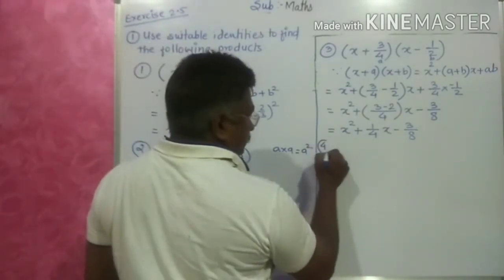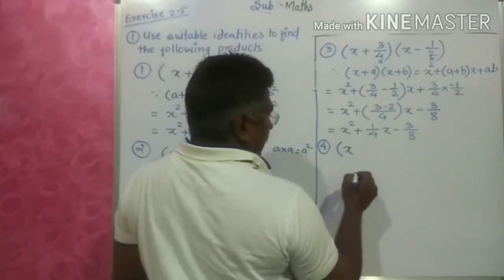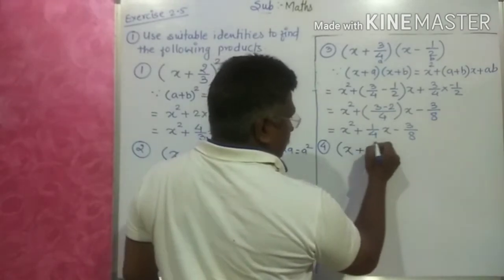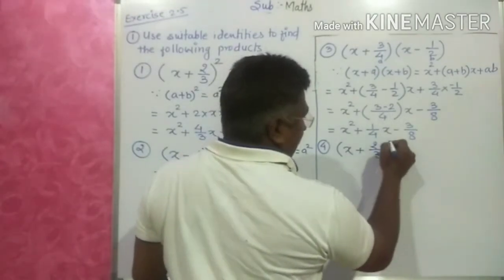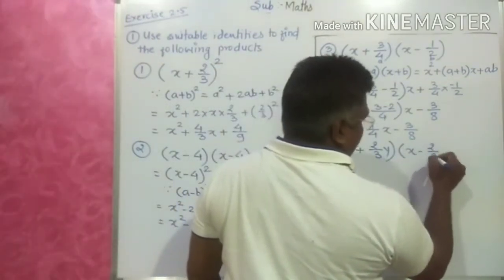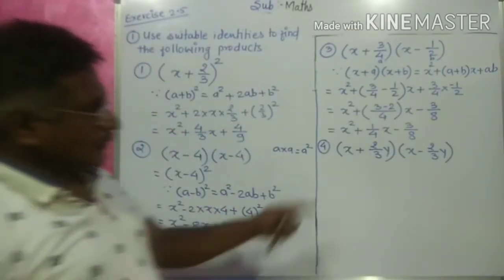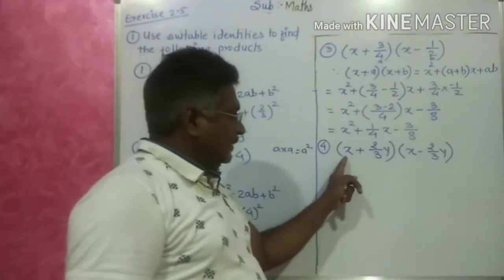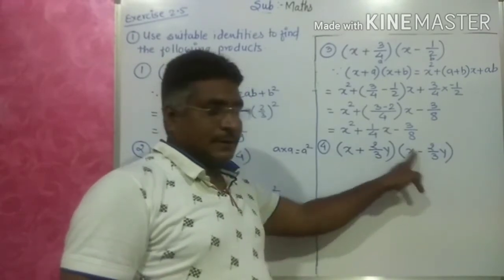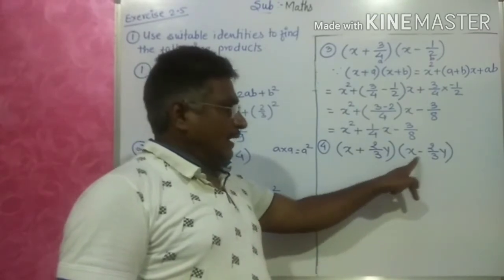Fourth. (x plus 2 by 3 y) into (x minus 2 by 3 y). Here, in this, the terms are the same, but the sign is different. So (a plus b) into (a minus b).